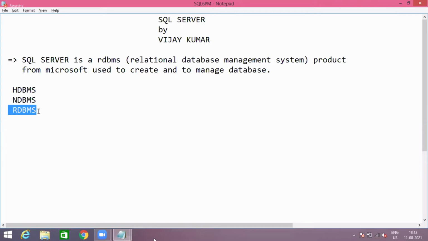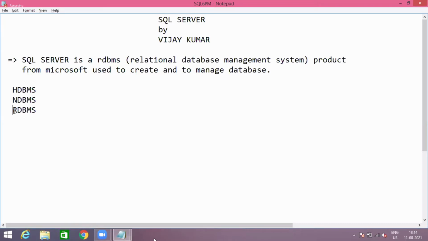But when RDBMS concepts were introduced, RDBMS simplified data storage, data processing, and data accessing. In HDBMS, storing and accessing is difficult, but in RDBMS, storing and accessing is easy.